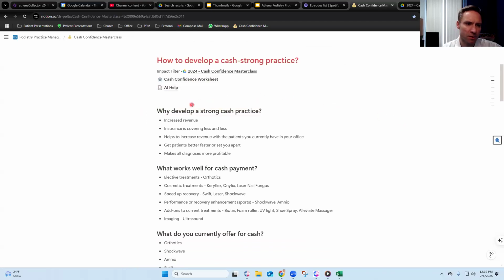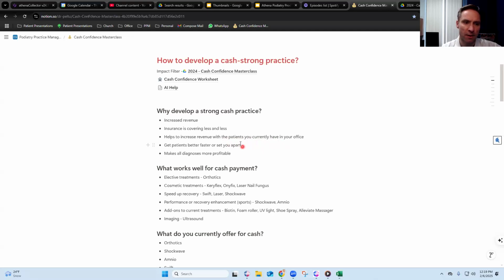So why develop a strong cash practice? It increases your revenue. I believe that insurance is covering less and less. It helps to increase revenue with the patients that you currently have in the office. The goal, I always say, is you can reduce the low-level visits and increase the high-level visits, and cash pay treatments are the high-level visits many times. Patients tend to get better faster, and it sets you apart.